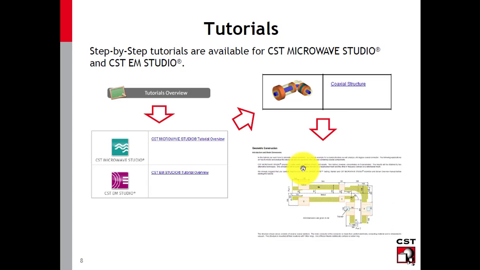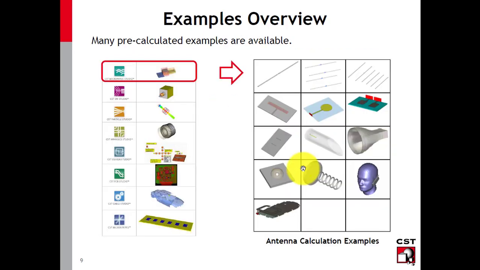In CST, you have different tutorials and different examples. You can download a tutorial or example about design, not only antenna design, maybe a circuit, a waveguide, or a filter. So you have a lot of examples related to this amazing software, as you see here, like a telephone and the human body or a head.